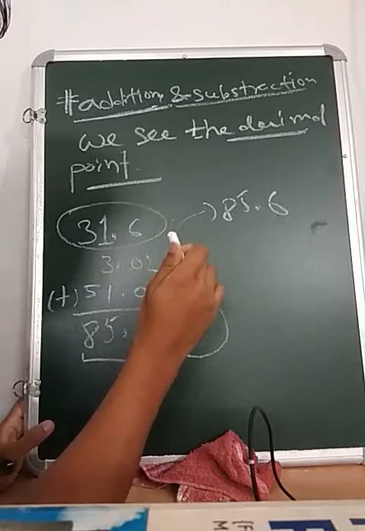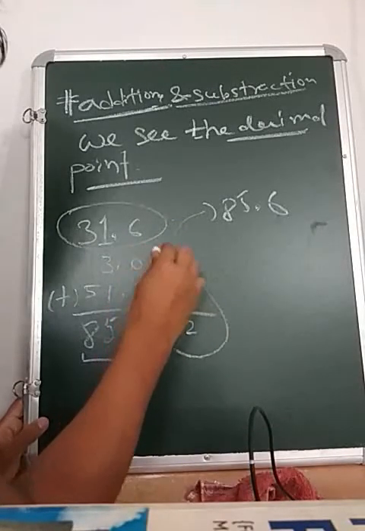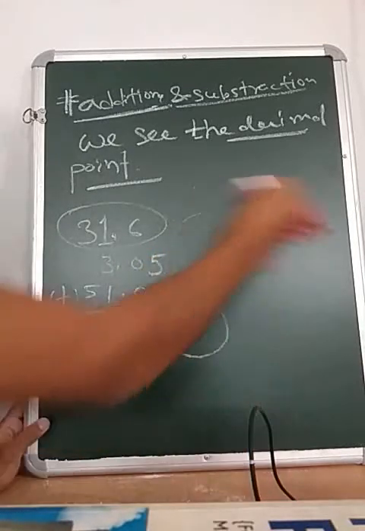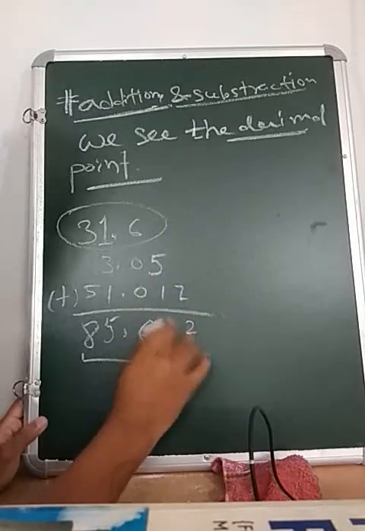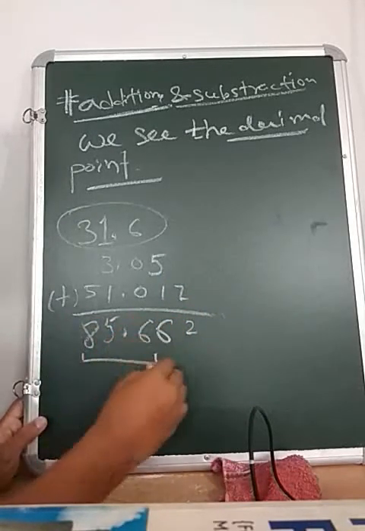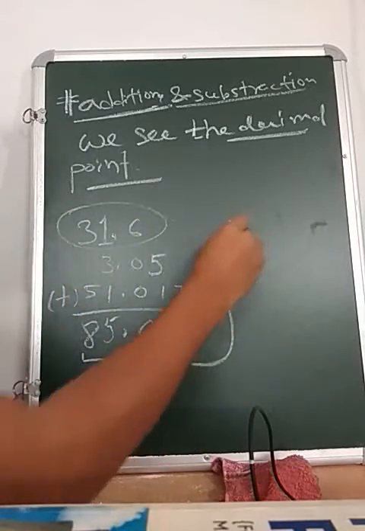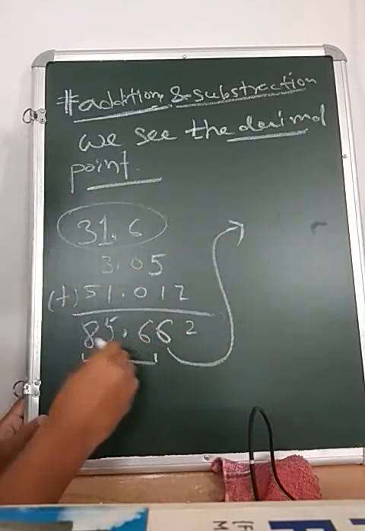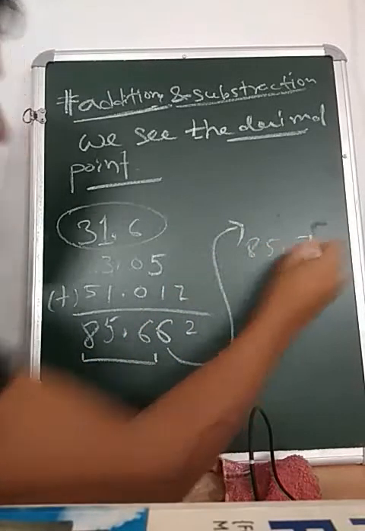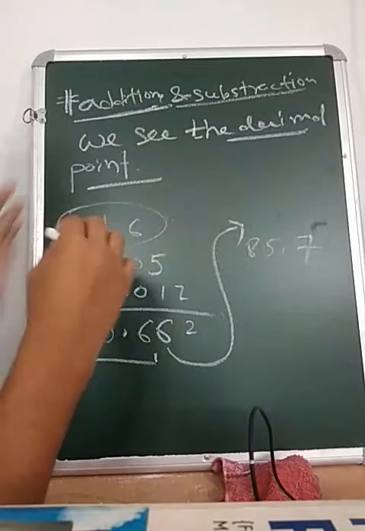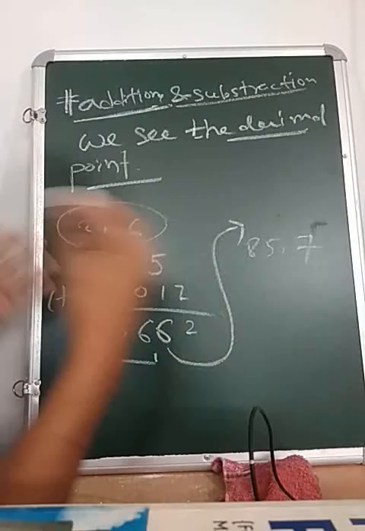Suppose I take another example where it is 5, so the final result will be 85.65 and then rounding up gives 85.7. In addition, subtraction, multiplication and division, we also round up the final result.